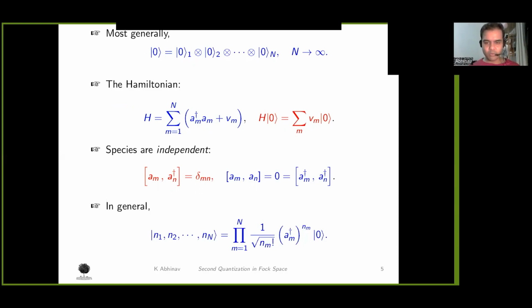So this constant, 1 over the square root of nm factorial, is important, which ensures that the probability of the particles found in a particular state is conserved, and also it will be important in the later part of the talk.